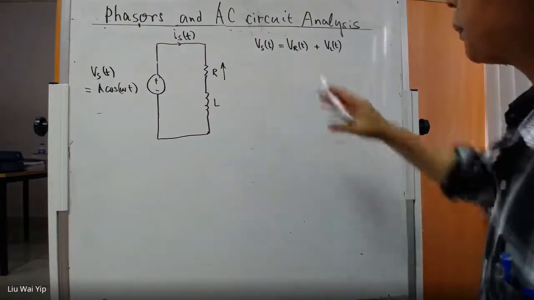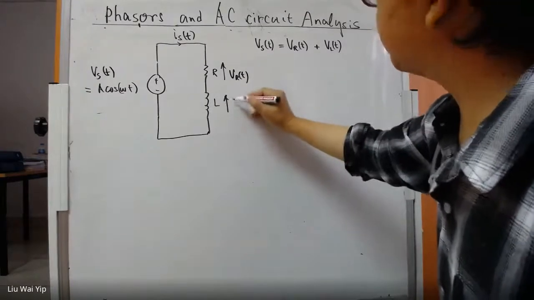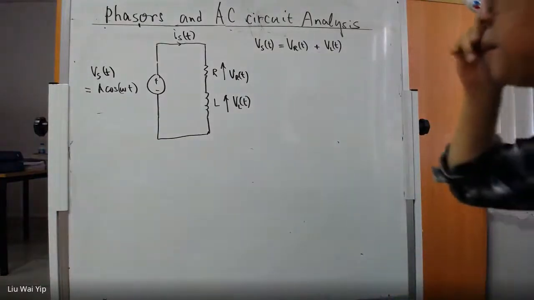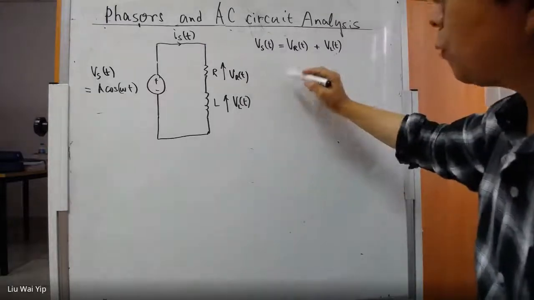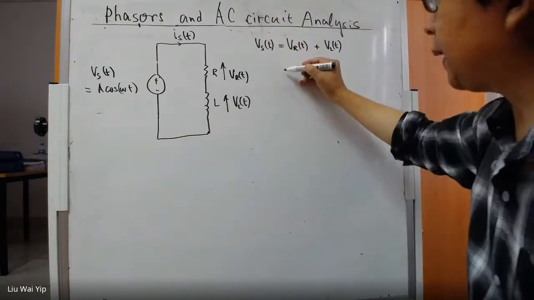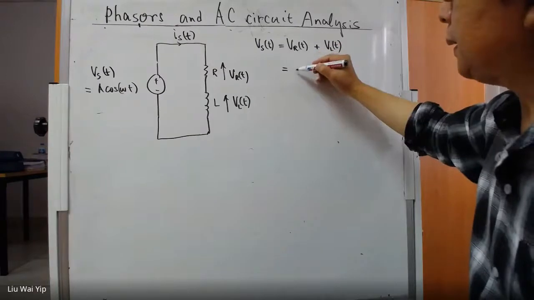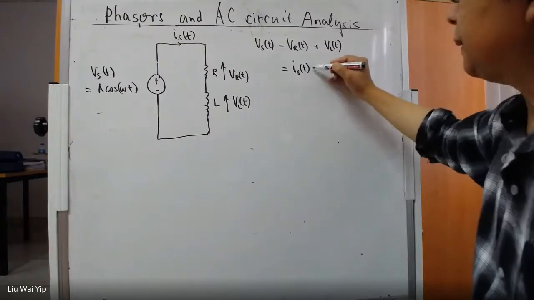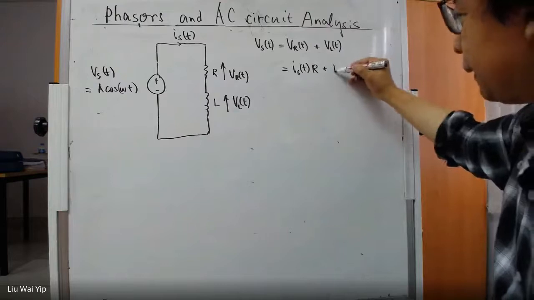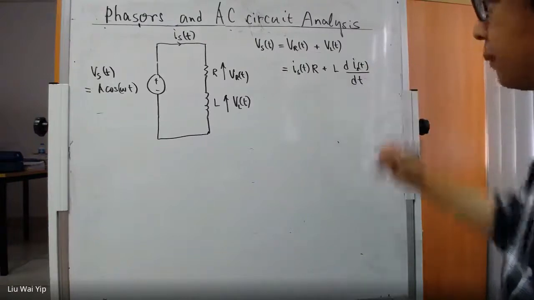Now what is VR? VR is, by Ohm's law, Is of t times R. And you guys would agree that VL is L times d Is of t over dt.